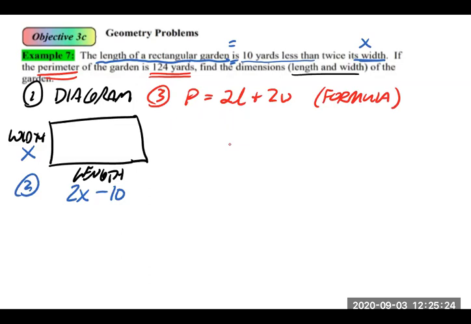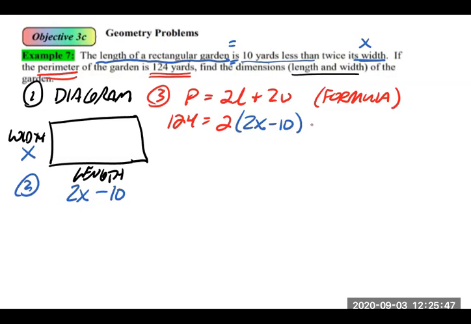So what we do is we just plug in the values. The perimeter, which is 124, equals 2 times L. Well, L is the length, so this would be 2 times 2x minus 10. That's our expression for length.